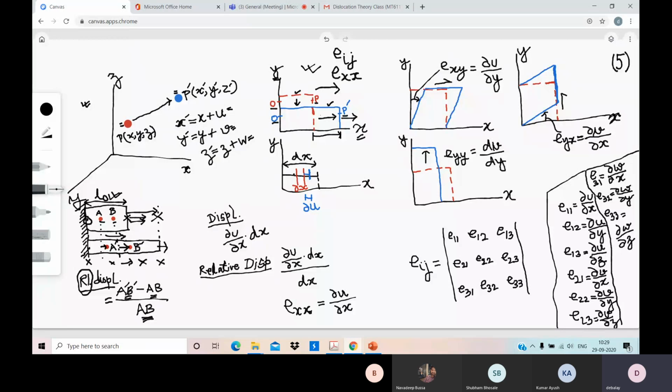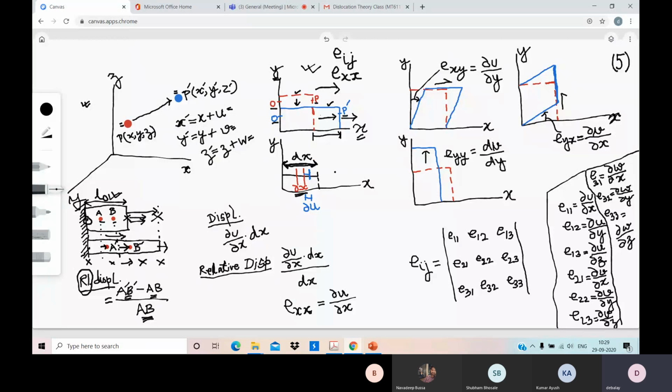Suppose inside that body I consider a small length dx, any arbitrary length inside the body. Suppose my initial body length is dx. Now inside that I consider a small volume element, a small distance inside that dx length, which is delta x.